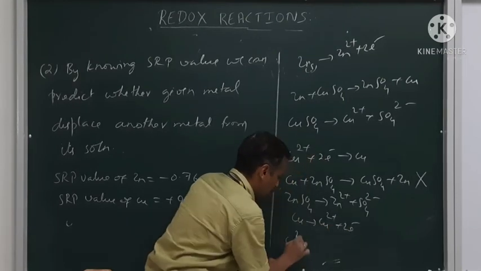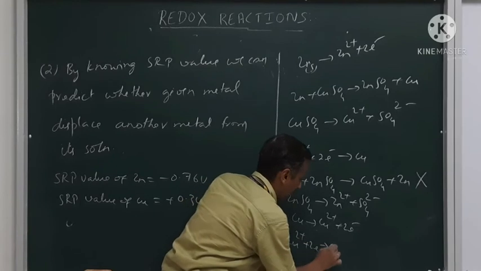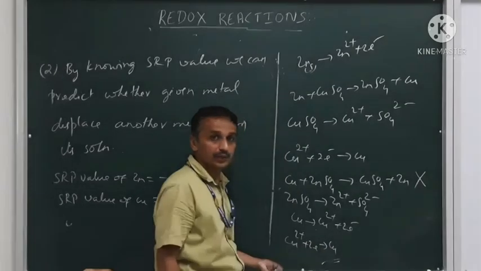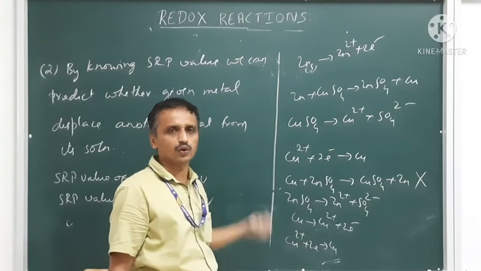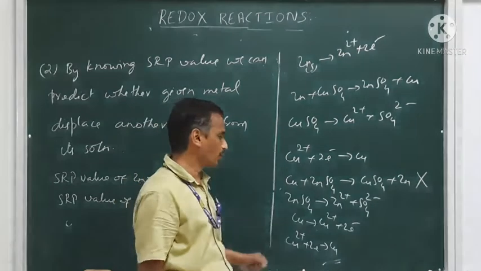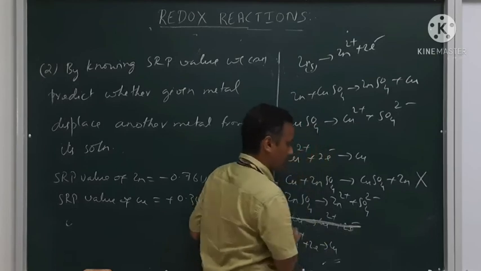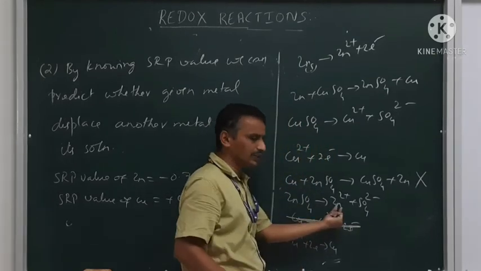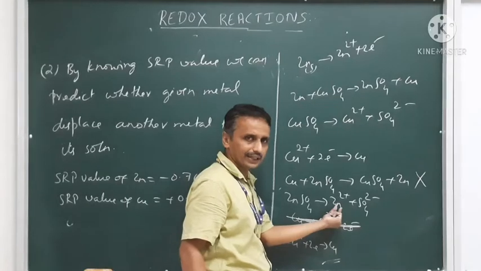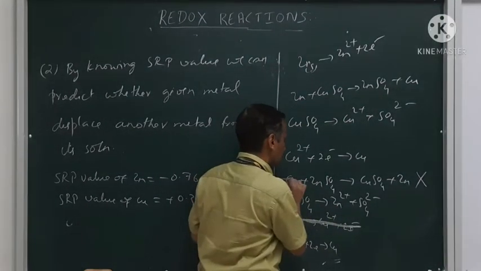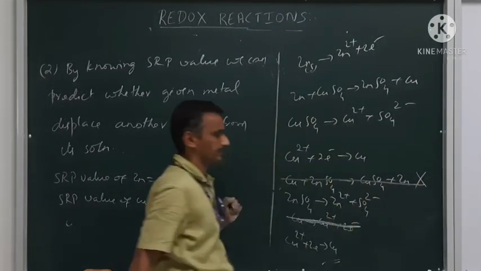The Cu2 plus plus 2 electrons giving Cu tendency is more; the reduction tendency is more for copper. So as copper is not in a position to give the electron, the zinc 2 plus formed here cannot take the electron. So this reaction cannot happen.